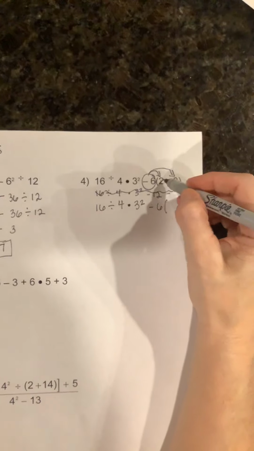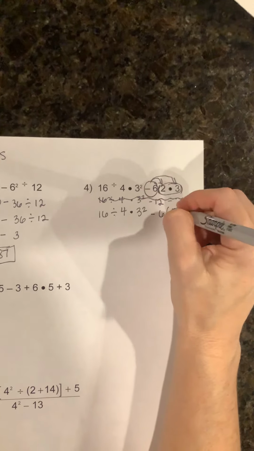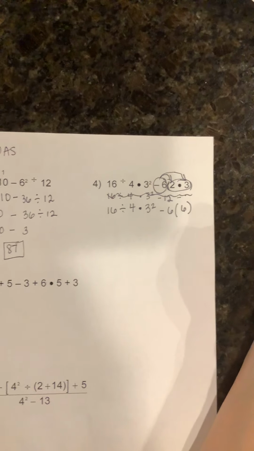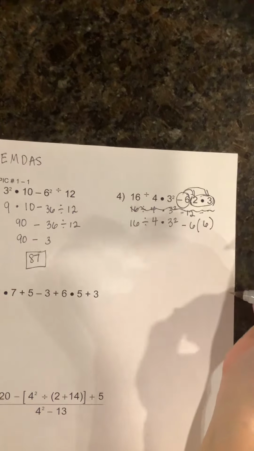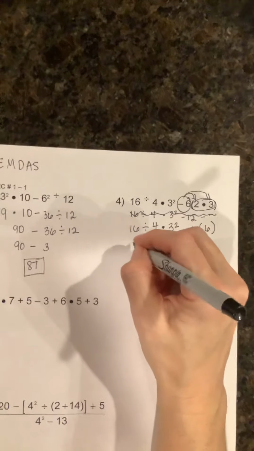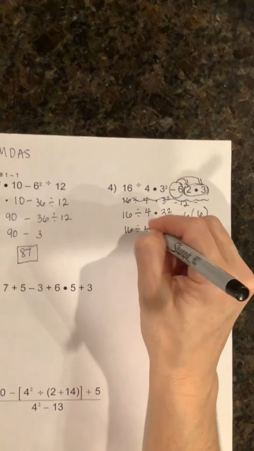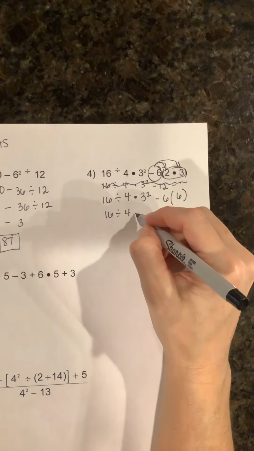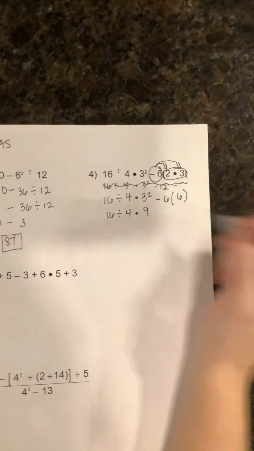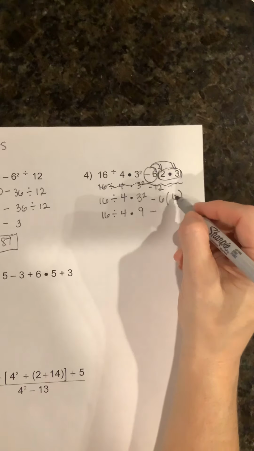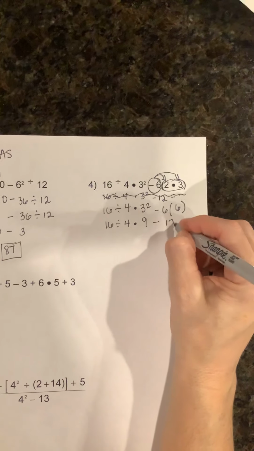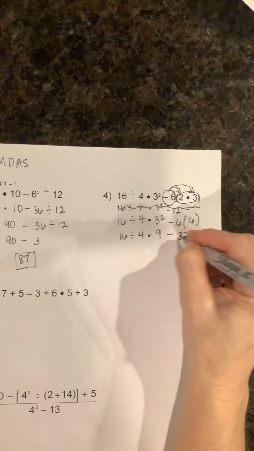So if I multiply the 2 times the 3, that gives me 6. All right, 3 squared is, we could have done that in that step as well, but we're just going to bring it down. So 3 squared is 9. Negative 6 times 6 is going to be 36, not 12.